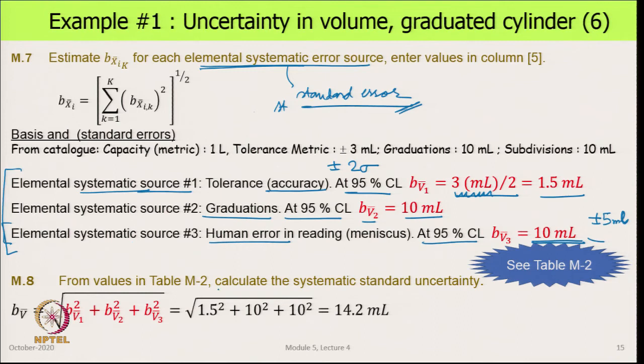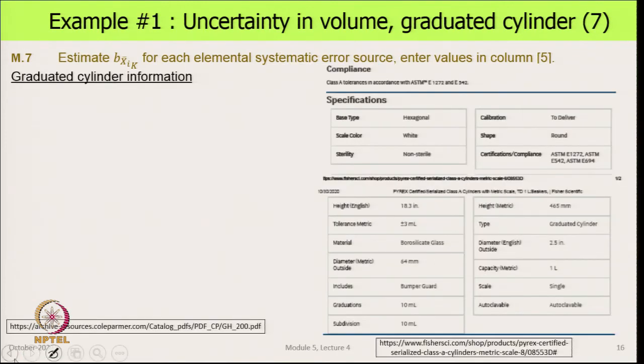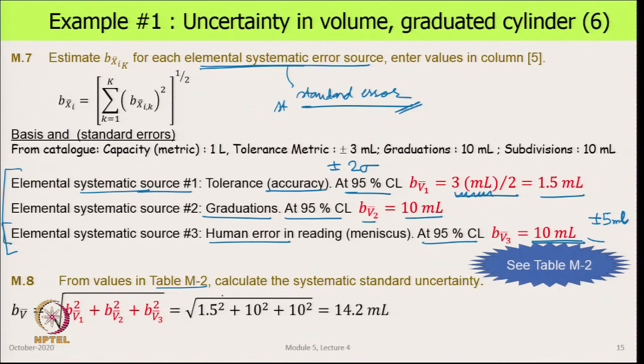Having got that, we now go to table M2 and list all of them over there, and then we calculate the systematic standard uncertainty in the measurement as BV bar equal to the square root of the sum of the squares of each elemental standard error, which if we add these three values, we get 14.2 milliliters.